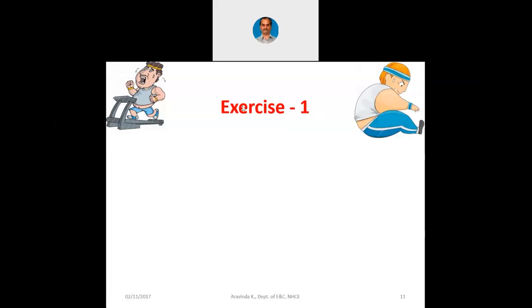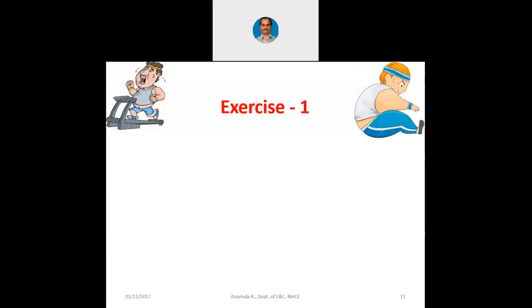That's all, nothing else. Because it is an exercise, I put the picture of two people doing exercise. One person is trying to do an exercise on a machine, and the other person is trying to touch his own feet, which is very difficult for him. Somehow they have to reduce their weight.